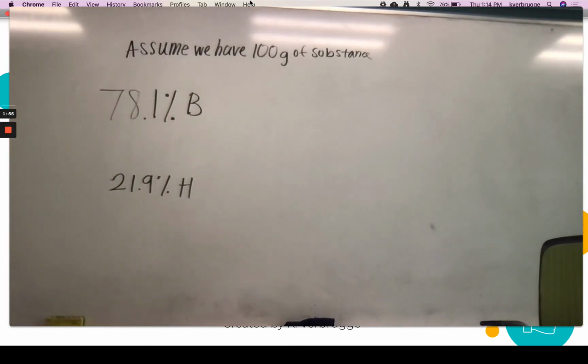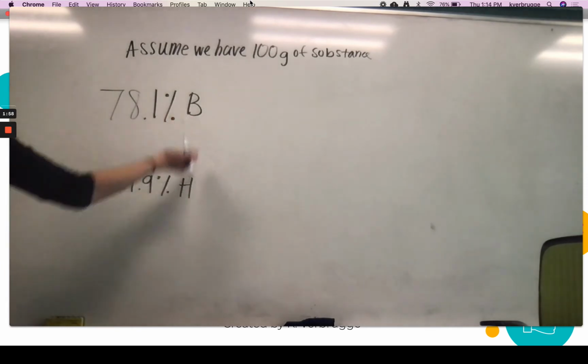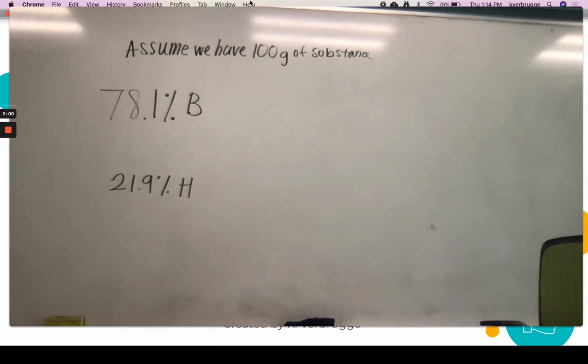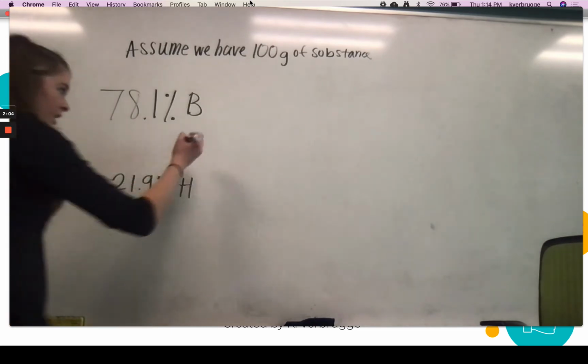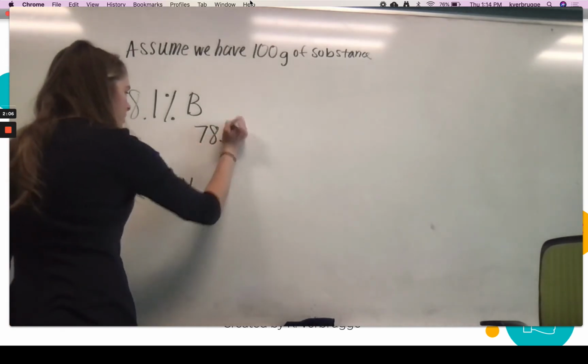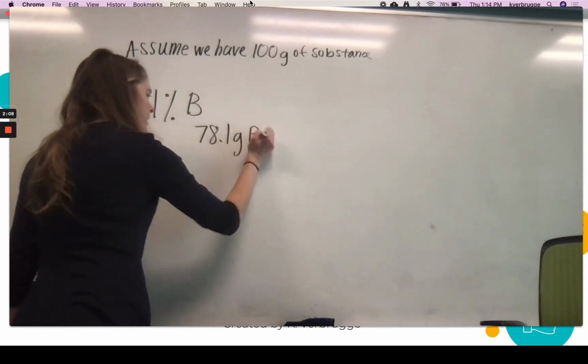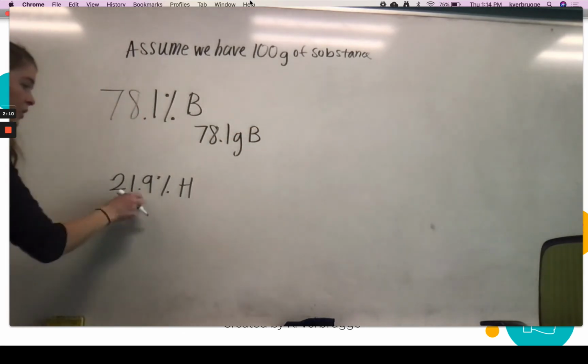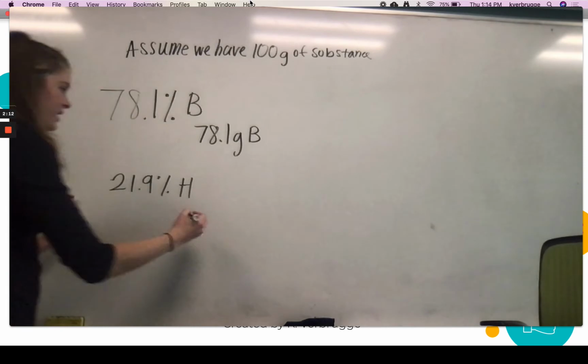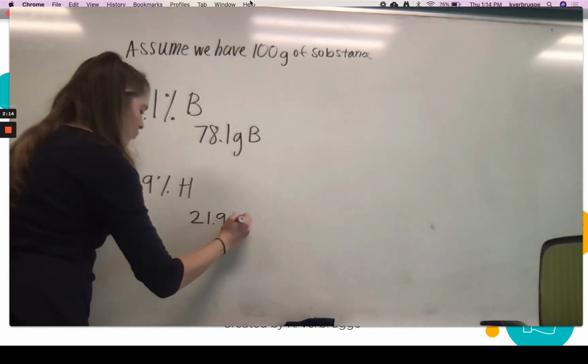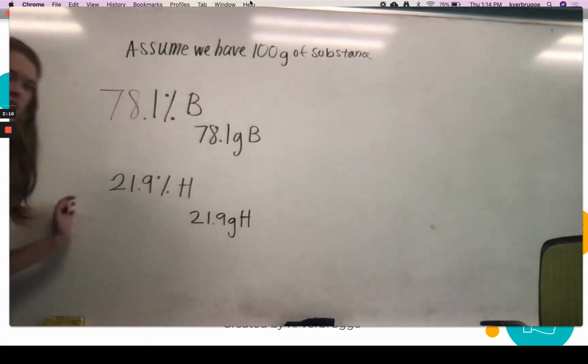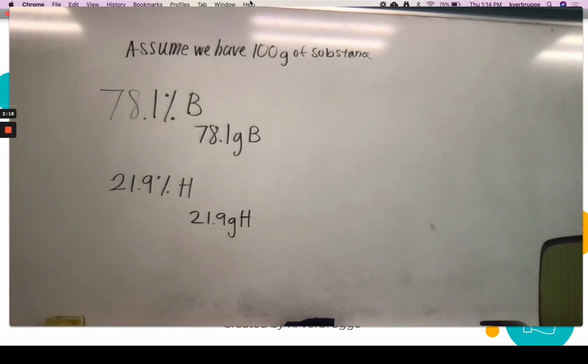So if we have 100 grams of this compound containing boron and hydrogen, what's 78.1% of 100? Pretty easy. It's just 78.1 grams of boron. Same with hydrogen: 21.9% of 100 is 21.9 grams of hydrogen. So step two is also pretty easy.